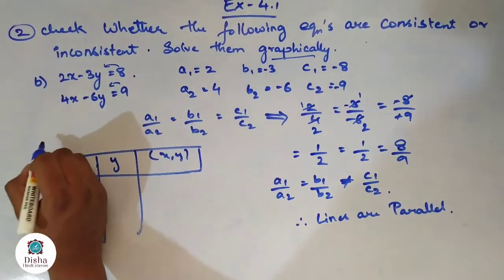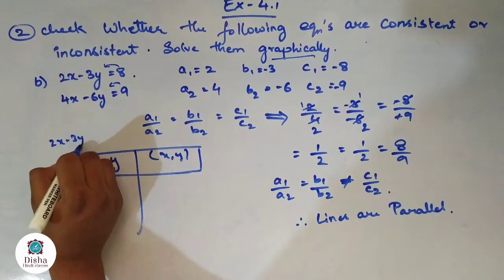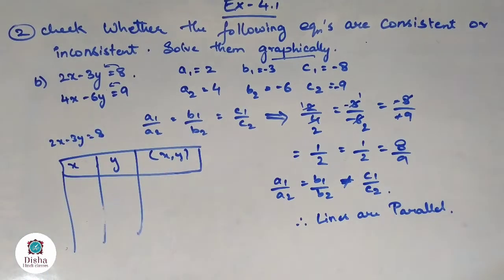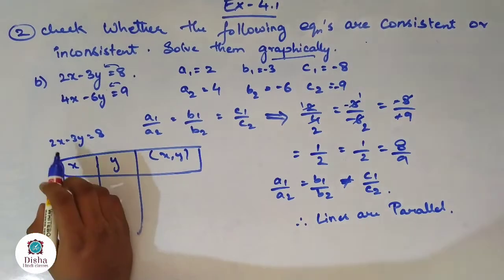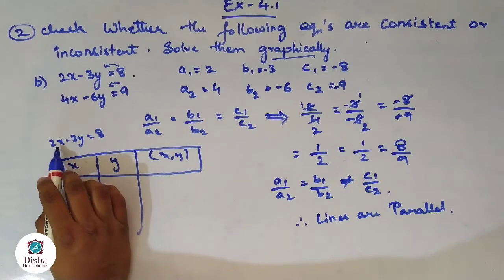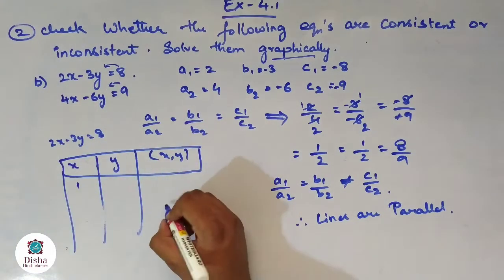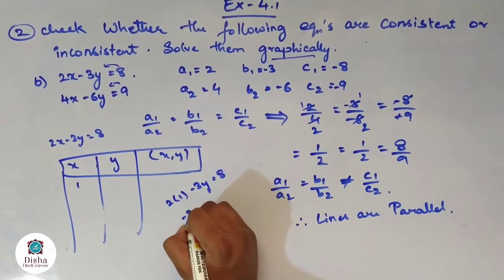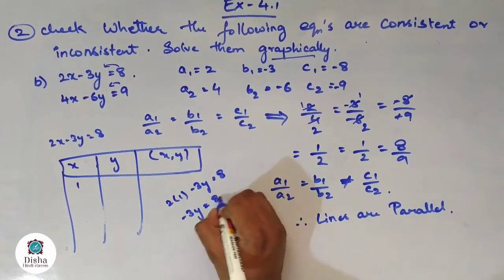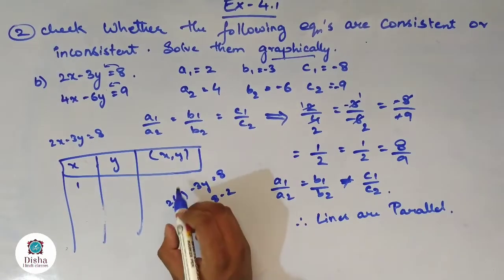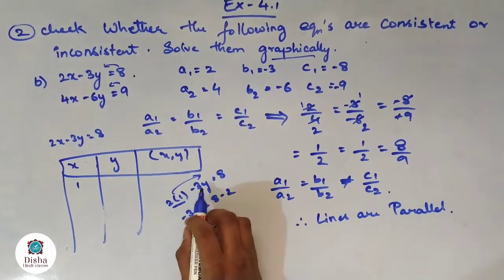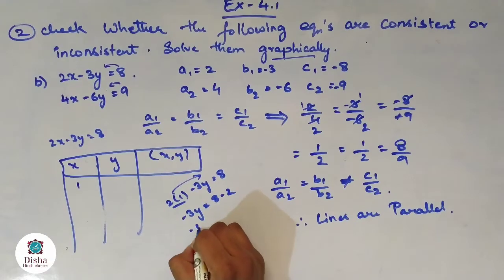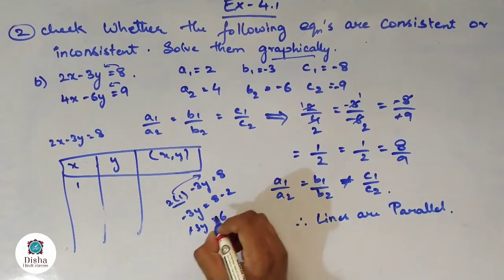Now 2x minus 3y equals 8. If you take x as 1, what will you get? 2 into 1 minus 3y equals 8. Minus 3y equals 8 minus 2, because this 2 will go to the RHS and become minus 2. So minus 3y equals 6.